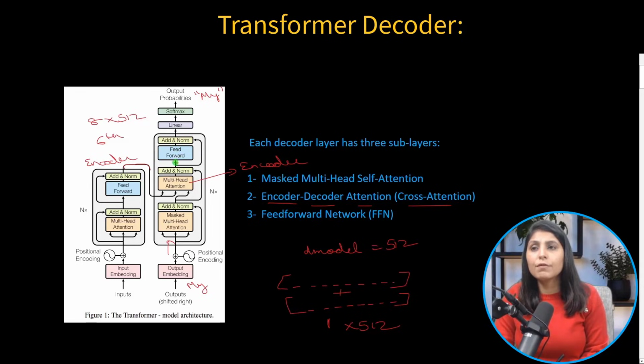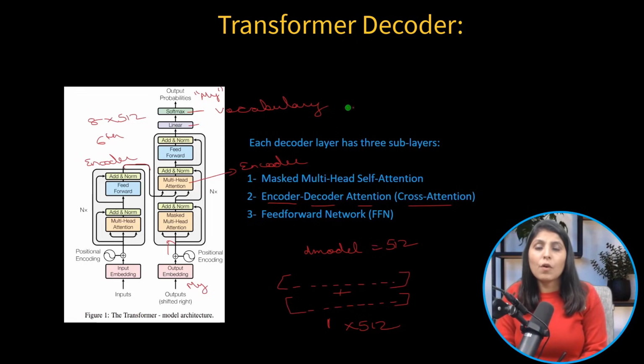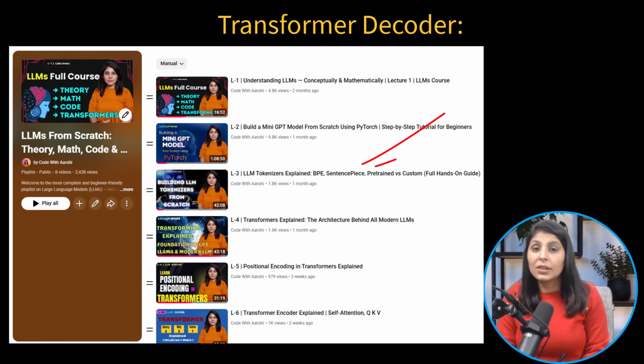This feed forward network is exactly the same as the one we studied in the encoder. After that we have this linear layer, and finally we have the softmax layer. This softmax layer will provide the probability values for the vocabulary. Guys, what is vocabulary? If you remember from our first or second class on LLMs, I explained the concept of vocabulary.